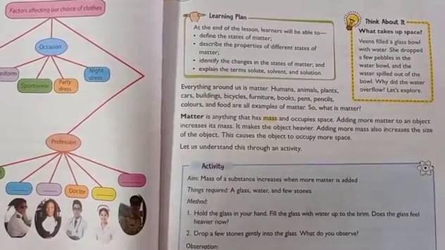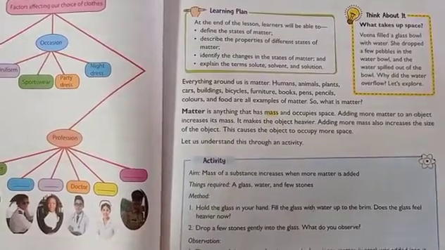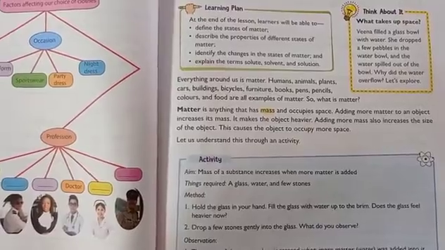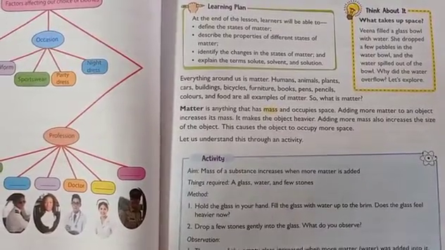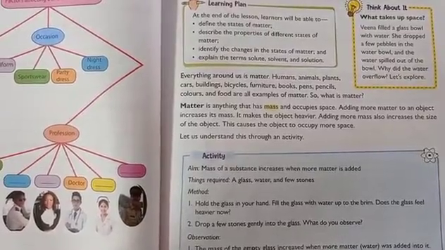And what is mass? Mass is the quantity of matter contained in an object. Adding more matter to an object increases its mass. It makes the object heavier.